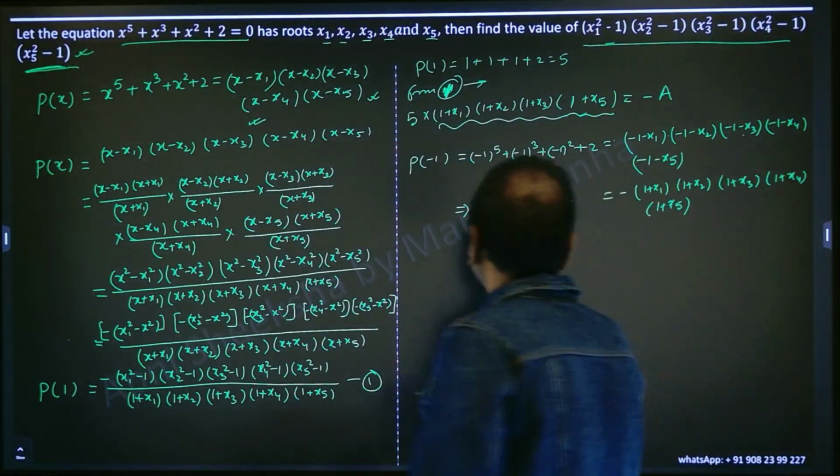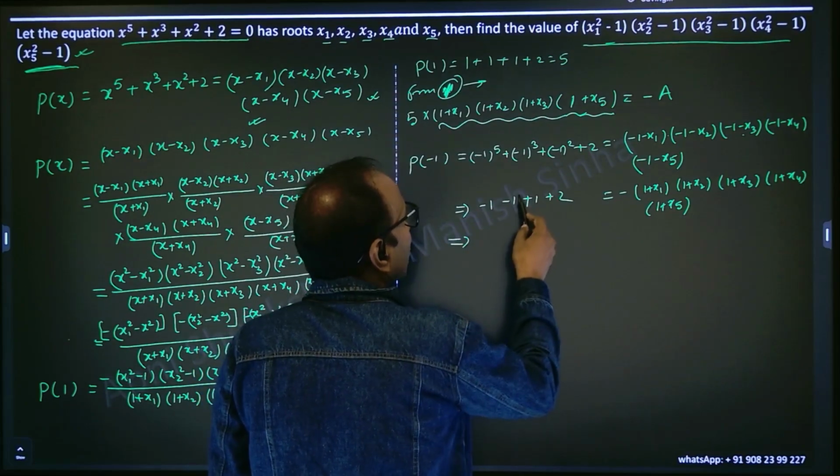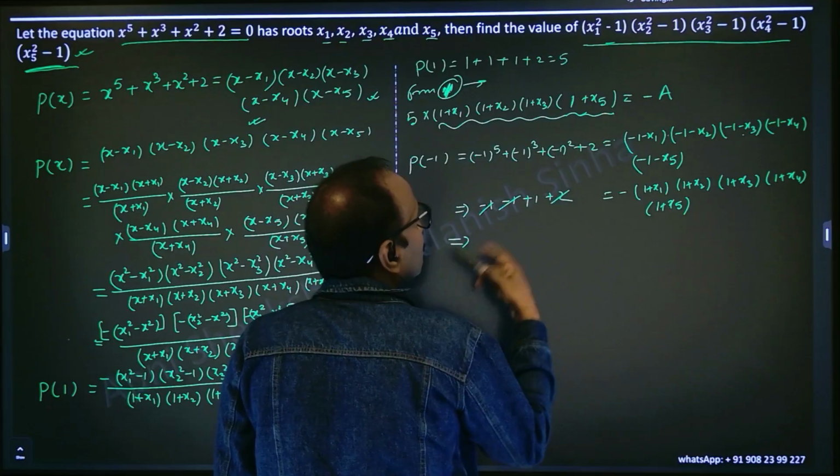And on the LHS, this and this will cancel out, so this is 1.